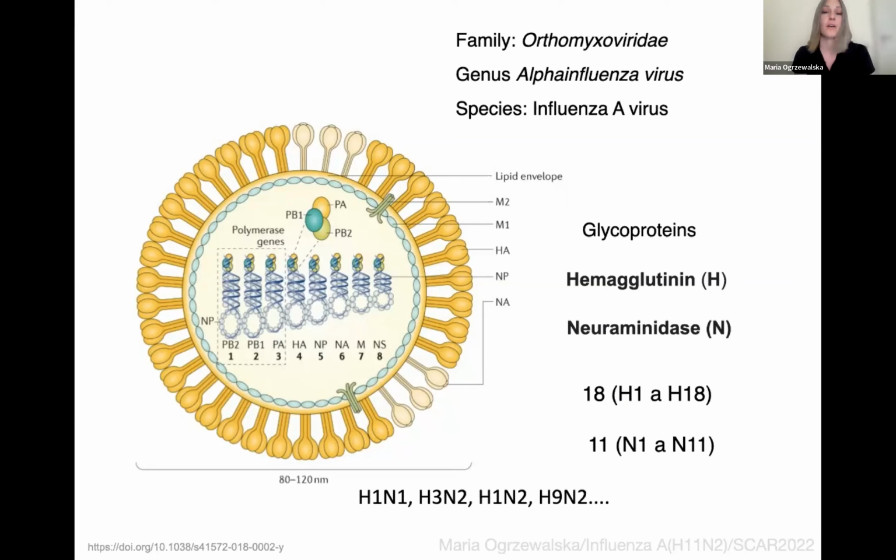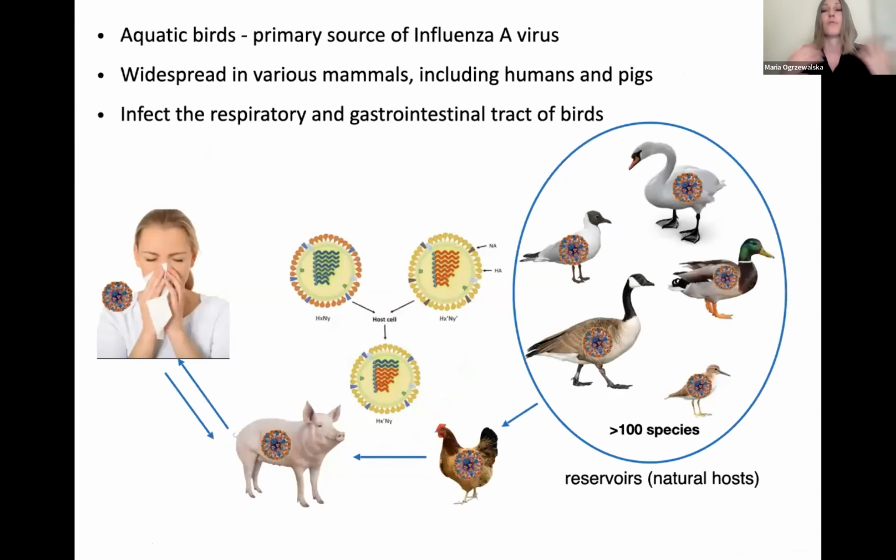We have a lot of subtypes depending on those glycoproteins, so probably you have heard about H1N1, H5, and so on. All those viruses circulate in wild birds, especially aquatic birds like swans, geese, sandpipers, and ducks. Most of those viruses are not pathogenic for birds.